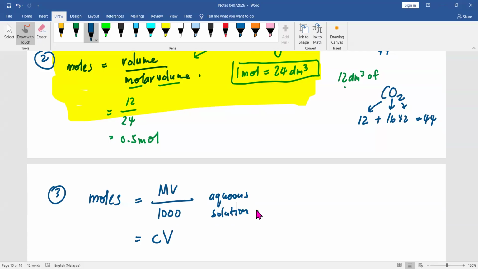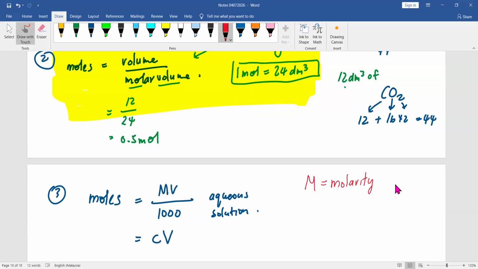How do you know something is an aqueous solution? They will tell you, this is an aqueous solution. And then they will give you the units. So M is for molarity. Molarity is the same concept as concentration.